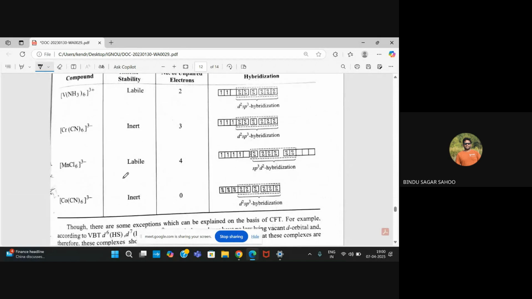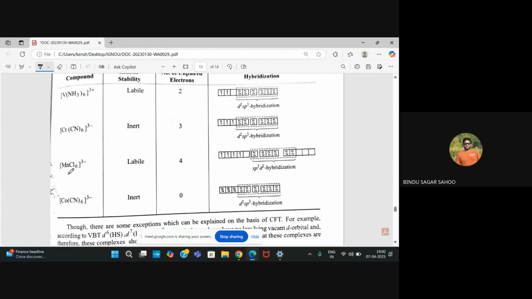In the vanadium hexaammine 3+ complex, 3d orbitals are used in hybridization, so the hybridization will be d2sp3. This will be an inner orbital complex.